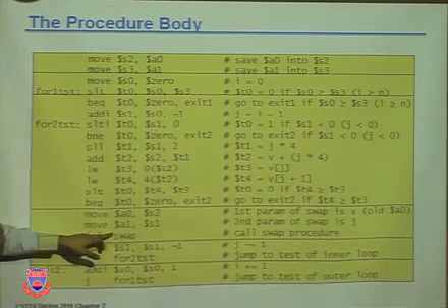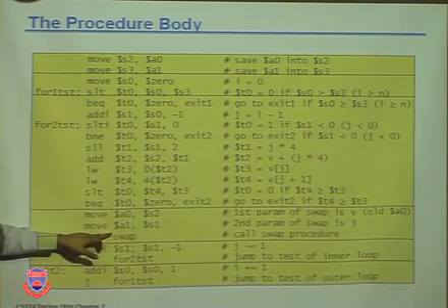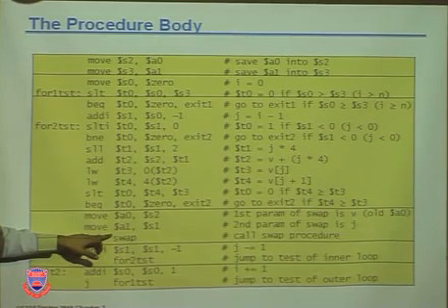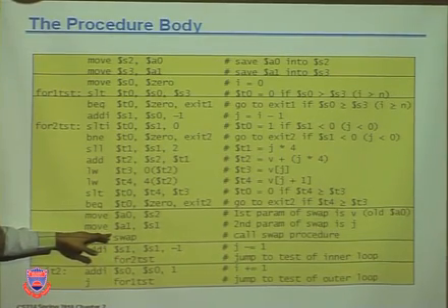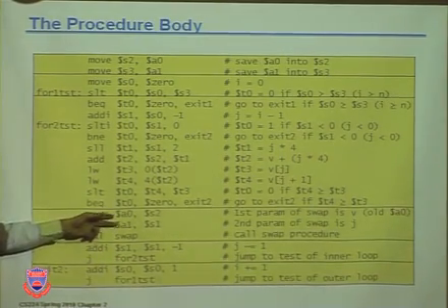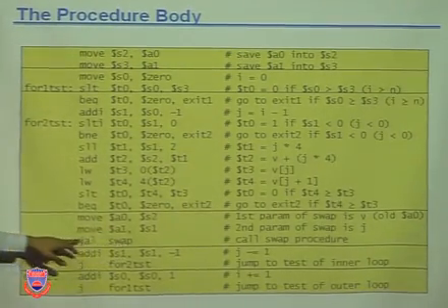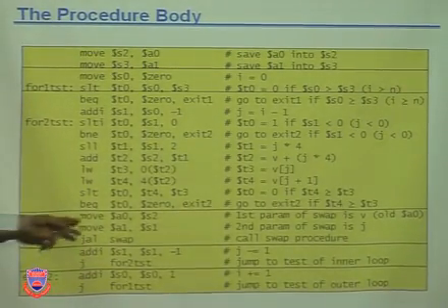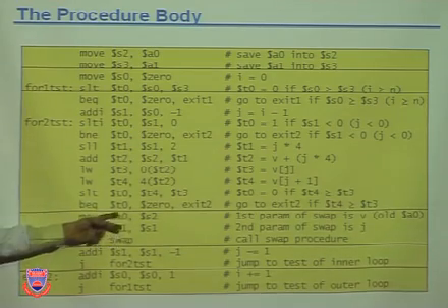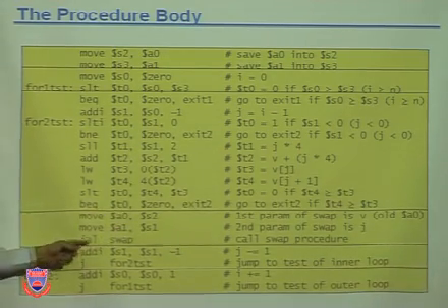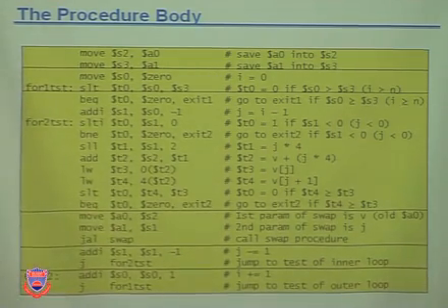Which parameters is it going to use? A1, yeah. We already know that we are going to pass these arguments into A0 and A1, such that whenever they're passed, swap will be able to use those. So that's why we have these two, move A0 and A1, so that we pass the arguments. Whenever this is called, it can execute correctly.